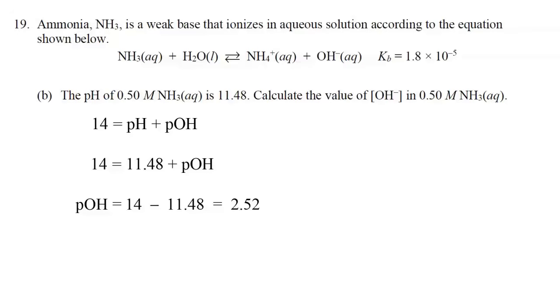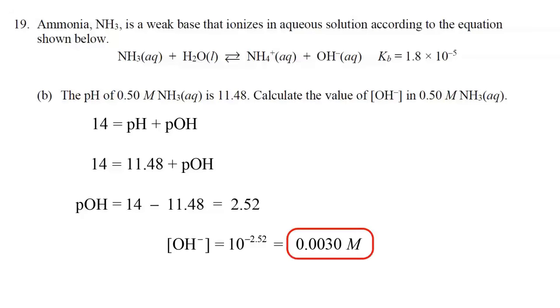If the pOH is 2.52, then the concentration of hydroxide would be 10 to the minus 2.52, and if we do that, we get the same answer: 0.0030 moles per liter, the concentration of hydroxide. So I've shown you two different ways to get the answer to part B.